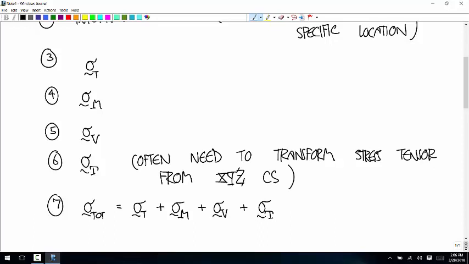And in a lot of problems, there'll be at least one of those that is 0, so you can skip that step.